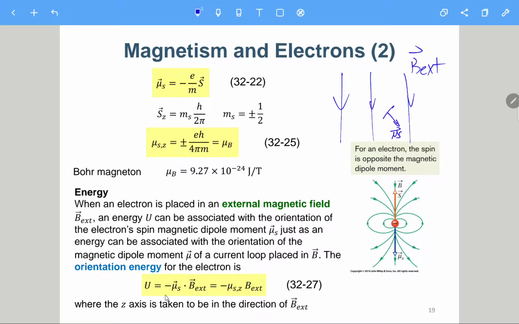The torque is actually mu cross B, if you still remember, in chapter 28 or 9, I don't remember. So when the z-axis is taken to be the direction of B external, we have minus mu s z times B external as the energy stored in this system.